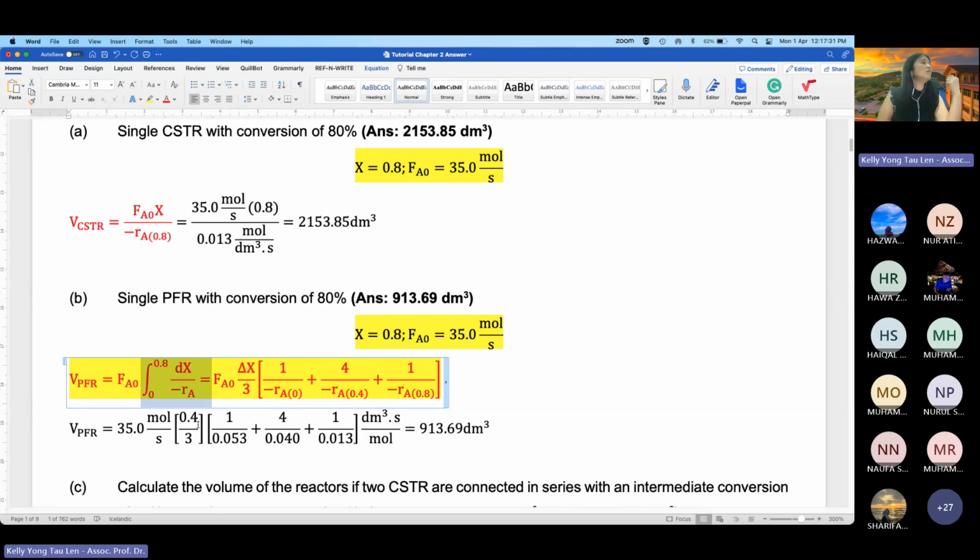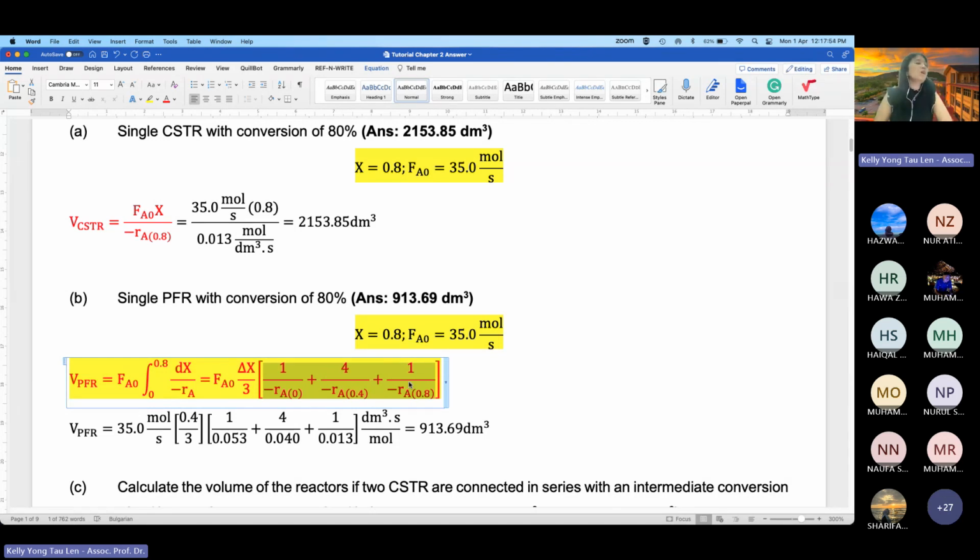Even though the rule is provided to you, you have to understand how to use it. The formula is given as FA0 delta X per 3. It is per 3 because Simpson 1/3 rule uses 3 points.